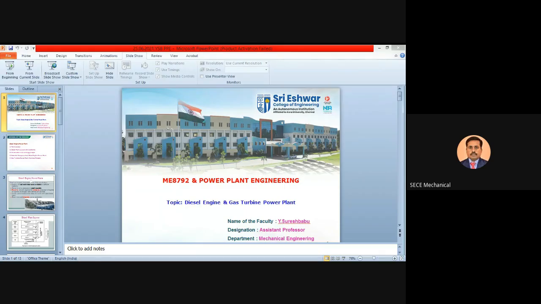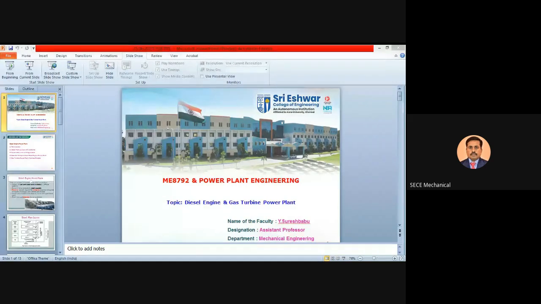In this slide you can see how the diesel engine power plant is laid out, with the diesel engines combined together to form a power plant. Normally not only one generator is used if your requirement is low. If your requirement is more, around 50 or 40 megawatts, you cannot develop the power with a single diesel engine. So you have to add some more engines.